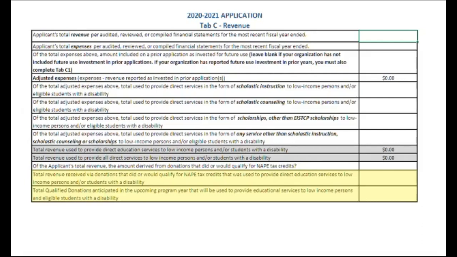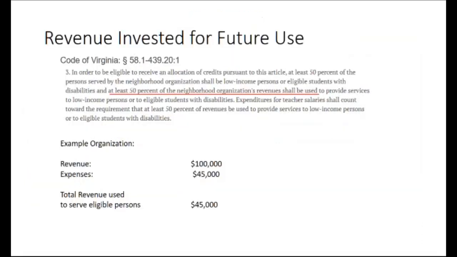So to go back to that revenue invested for future use, the reason we have to do that is because the Code of Virginia says, as part of the qualifying criteria for an organization, that at least 50% of a neighborhood organization's revenue shall be used to provide direct services to low-income persons or eligible students with a disability.